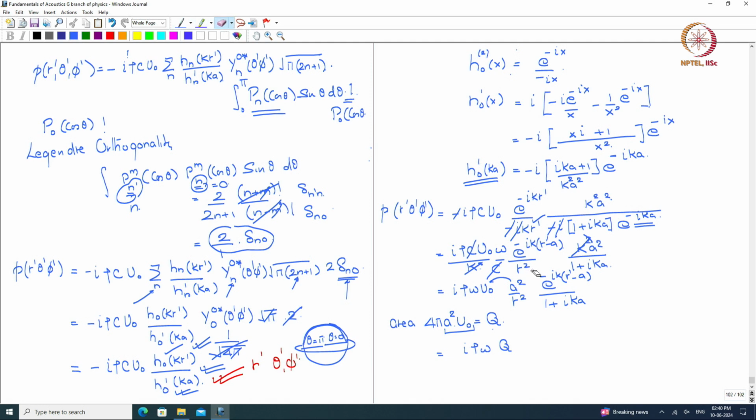This is r only, and it is r dash. This is the r dash, I should copy r dash and r dash. Okay, so q by 4 pi r dash e to the power of minus I k r dash minus a over 1 plus I k a. This is the pressure actually at r dash, because it is independent of theta dash and phi dash.